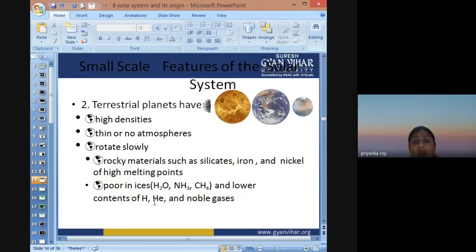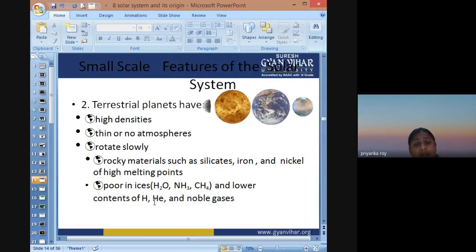Okay. Small scale features of the solar system: there are terrestrial planets, like the inner planets. They have very high density, and they have thin or no atmosphere on the surface. They rotate very slowly. They are made of rocky materials such as silicates, iron, nickel of high melting points.